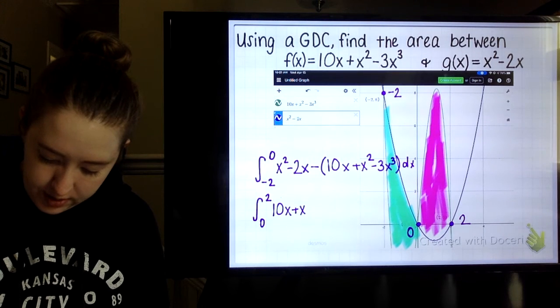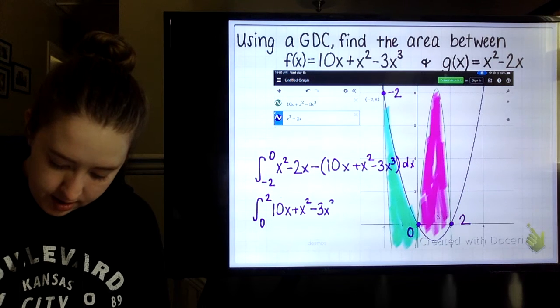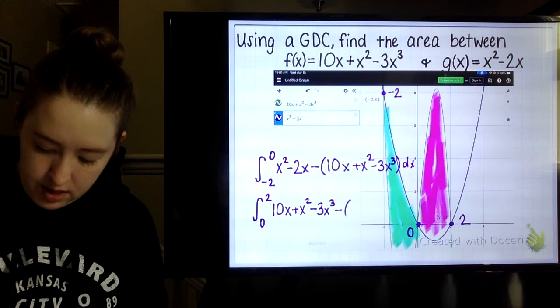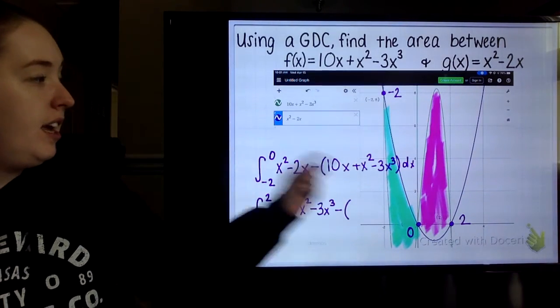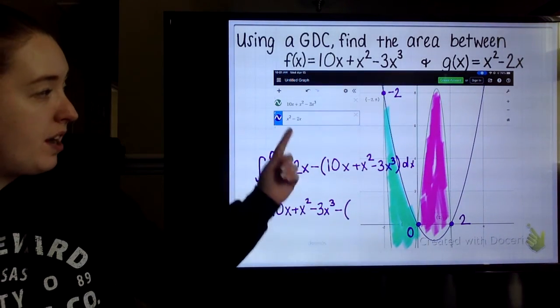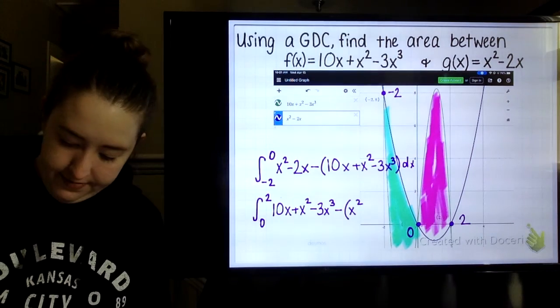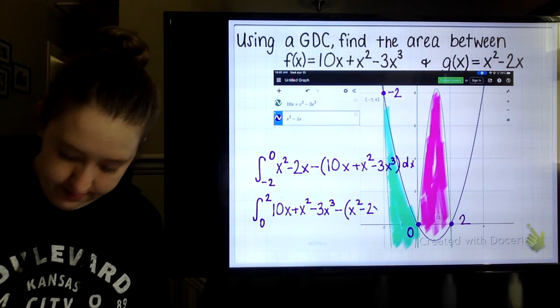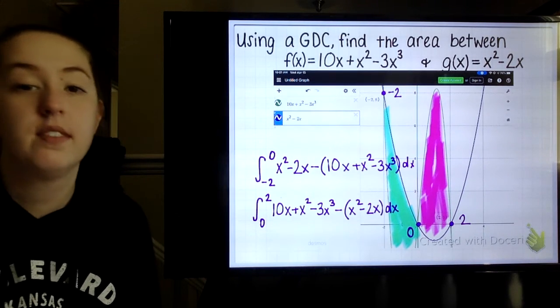Minus, and don't forget those parentheses, so that our negative goes out to everything. The function on the bottom was x squared minus 2x, dx.